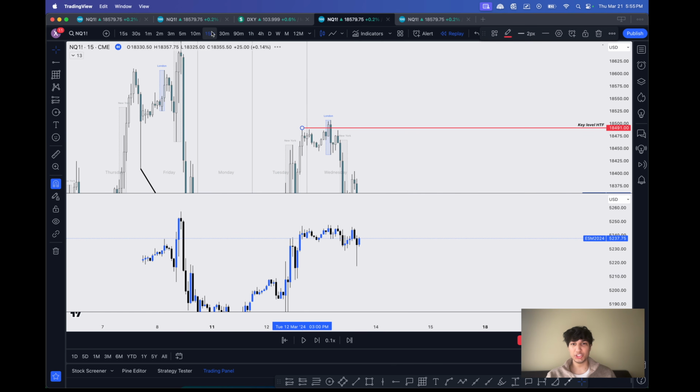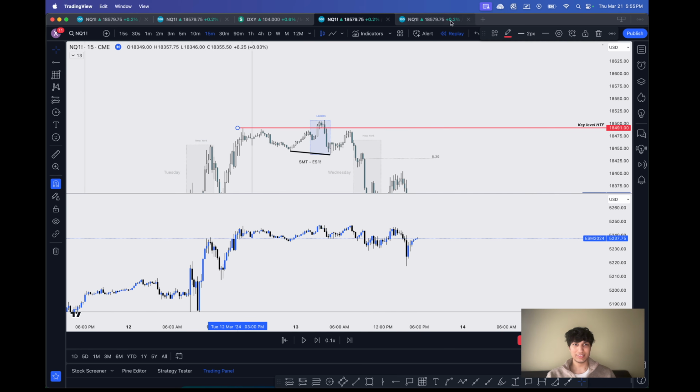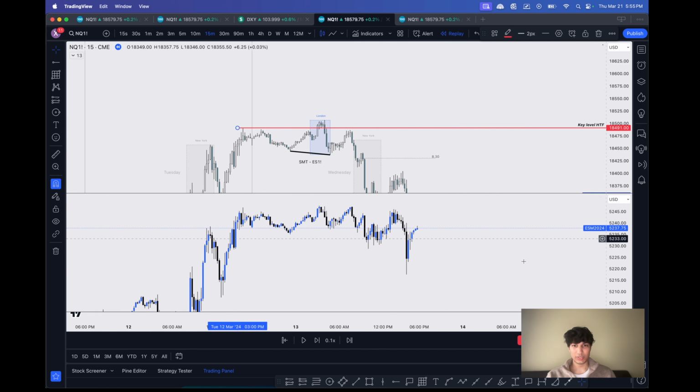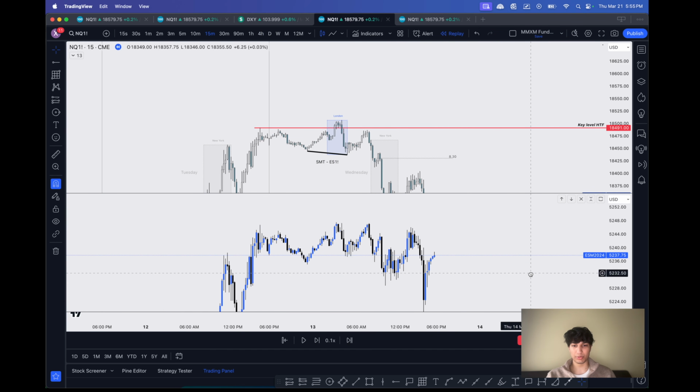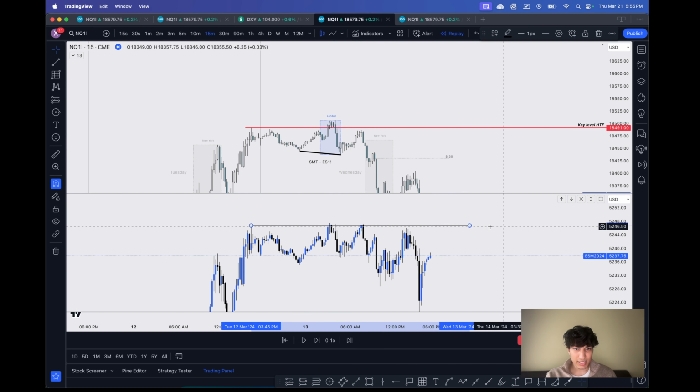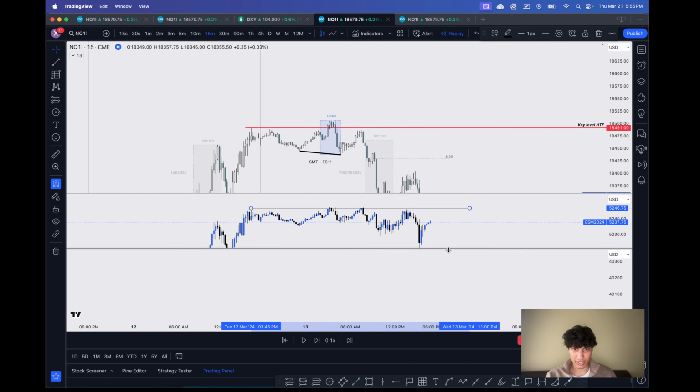Now what we want to do is look for any key level SMTs at that high, which is going to structure or frame our protraction as valid. So as you can see, we form... I'm not entirely sure if ES ends up taking out that high. It does. Let's check the YM potentially as well.